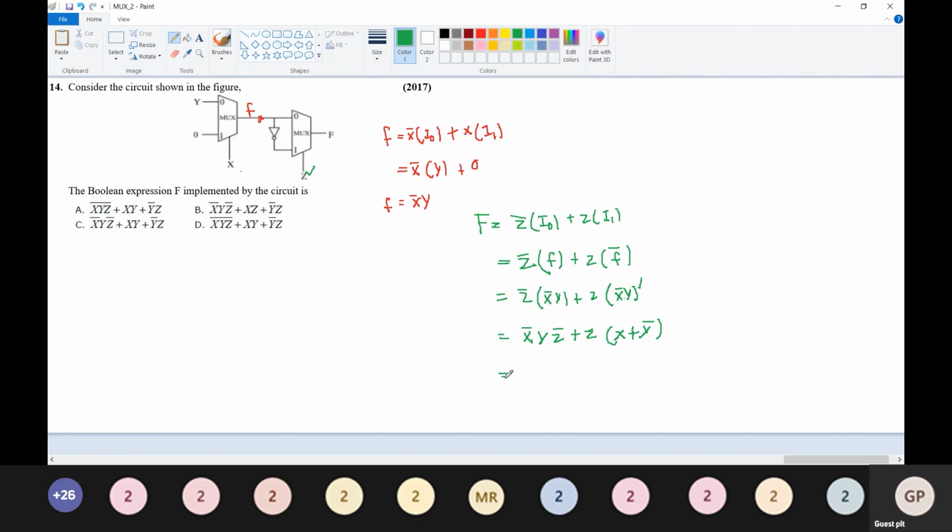So X dash Y Z dash plus XZ plus Y dash Z.